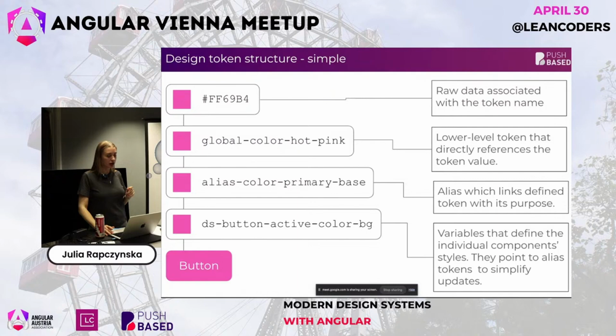So we still have a clear understanding of what the component token does, while pointing to the abstract color, and the developer doesn't really need to know which actual color we point to. In this case we have hot pink; in the next theme or the next product, we can have the green color.